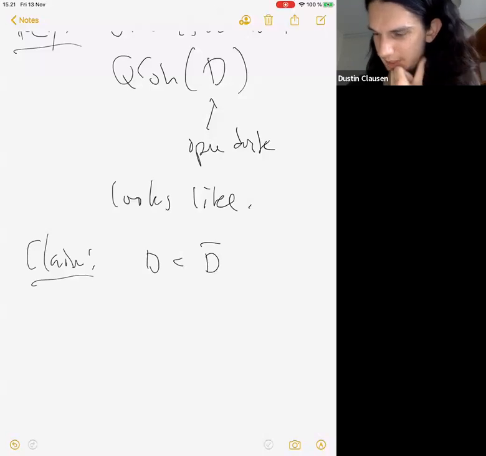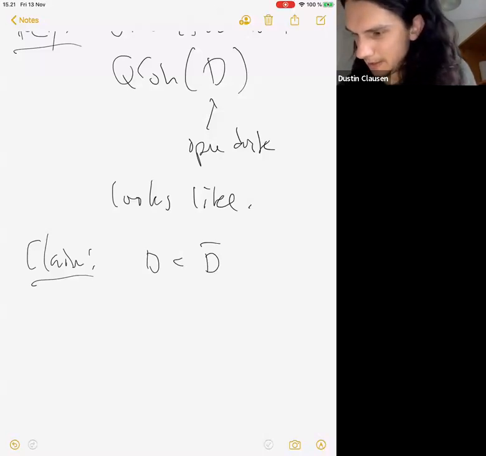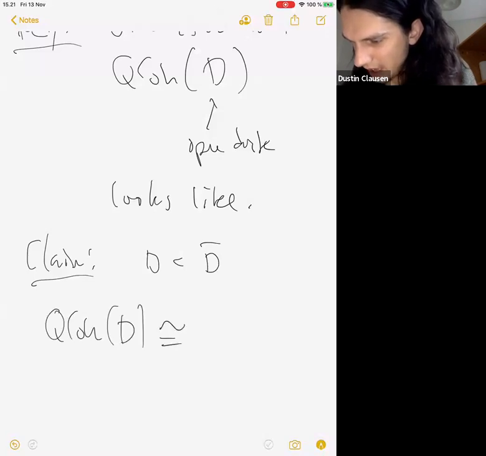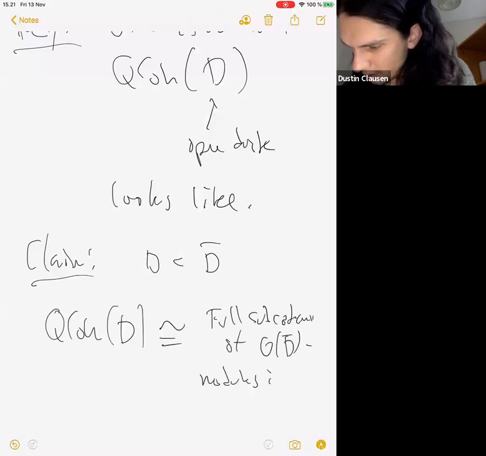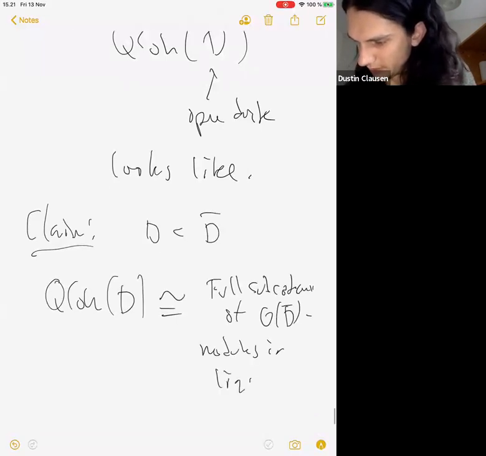So I claim there's an equivalence between quasi-coherent sheaves on D and a full subcategory of O of D hat modules in liquid vector spaces.